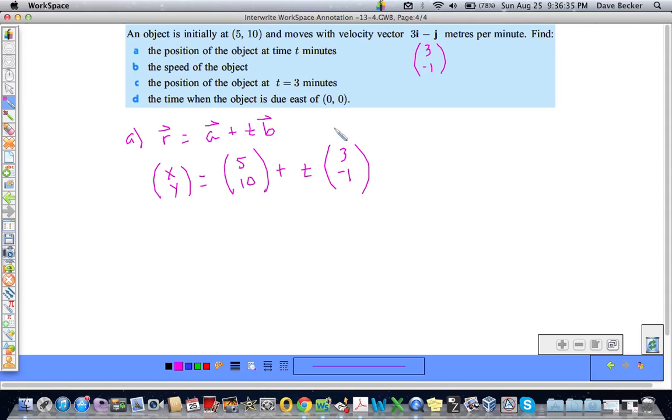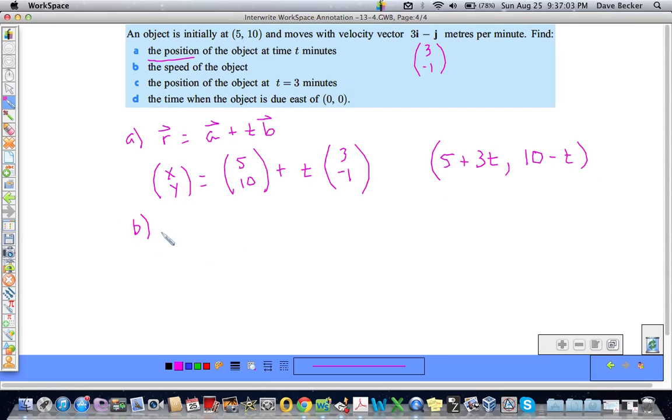Okay. Now, key point here. This is a vector equation. This asks for the position. So the position is always a coordinate. The x-coordinate is going to be equal to 5 plus 3t. And the y-coordinate will be 10, t times negative 1 is negative t, so that will be 10 minus t. Easy peasy pumpkin pie.